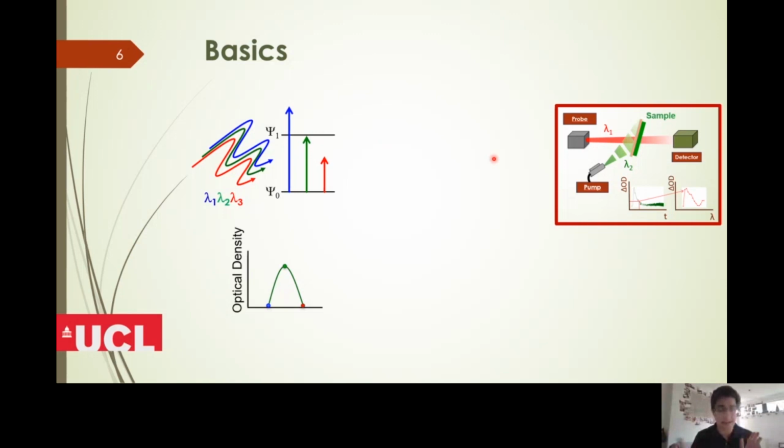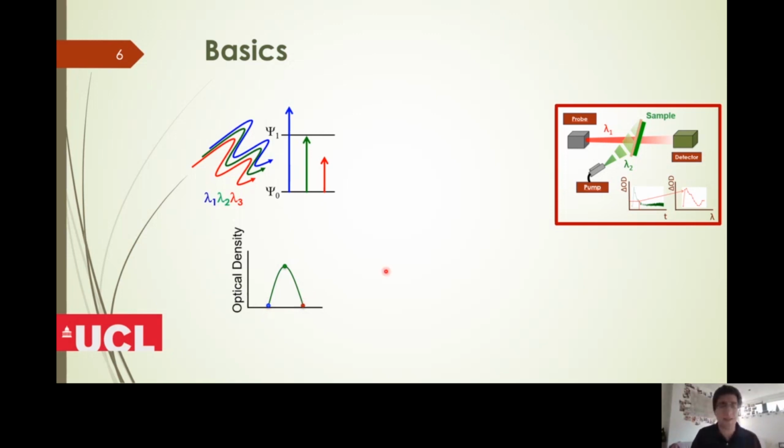You shine light of several wavelengths on your sample, and if you have an organic material, you have a bandgap between discrete levels. If the light matches the energy of the bandgap, you absorb that light. For example, the green light here matches the energy gap, so you absorb it. But if the energy of the light is higher or smaller, you are not going to absorb it.